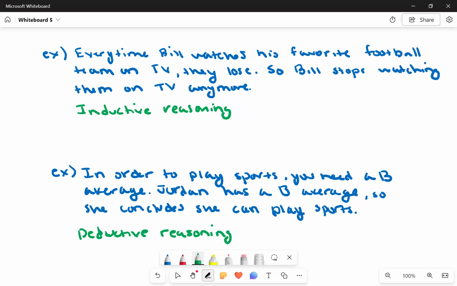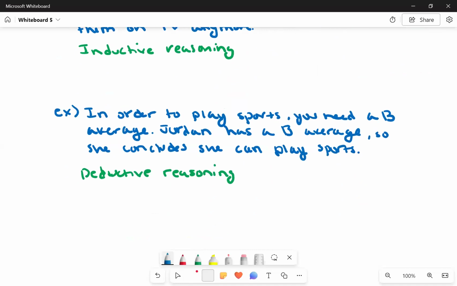And therefore, in order for her to play sports, she has to have a B average. She does have a B average, so she concludes that she is able to play sports. Deductive reasoning.